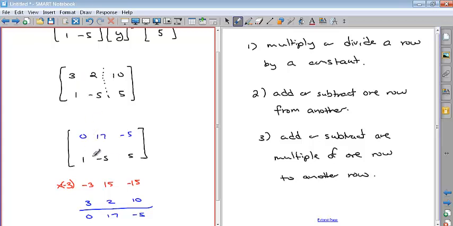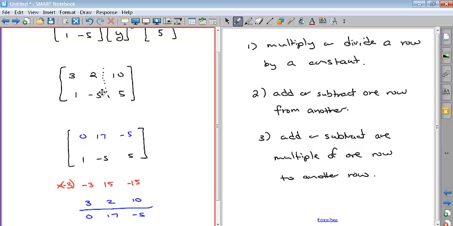So I took the second row, multiplied by some constant factor, so I take this times -3, I get that. I add that to the first row of my matrix, and the resulting row I can substitute. And again, the solution for this system of equations is the same as the solution for this system of equations.